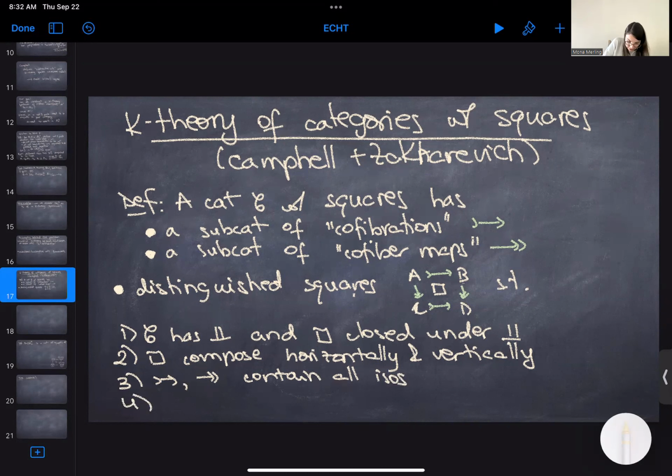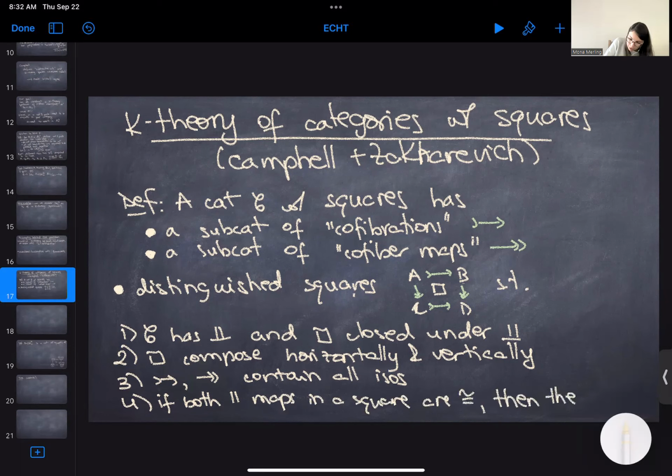And lastly, if we have a commuting square and both parallel maps in the square are isomorphisms, then the square is distinguished. So let me maybe use this notation. So it's one of the squares that we denote by a little square. And they did not require this in their definition, but it's something needed for the K-naught computation.